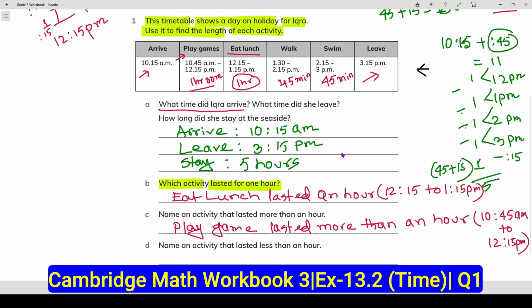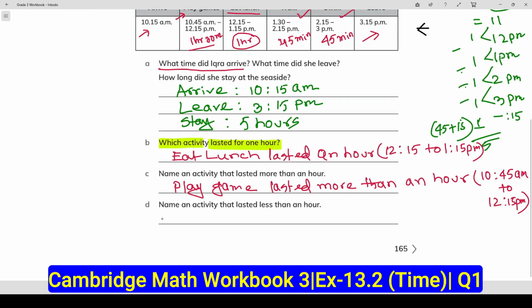Now name an activity that lasted less than an hour. So less than an hour, which is two activities, right? First one is a walk and then another one is swim. So we can say two activities have lasted less than an hour. First one is what?